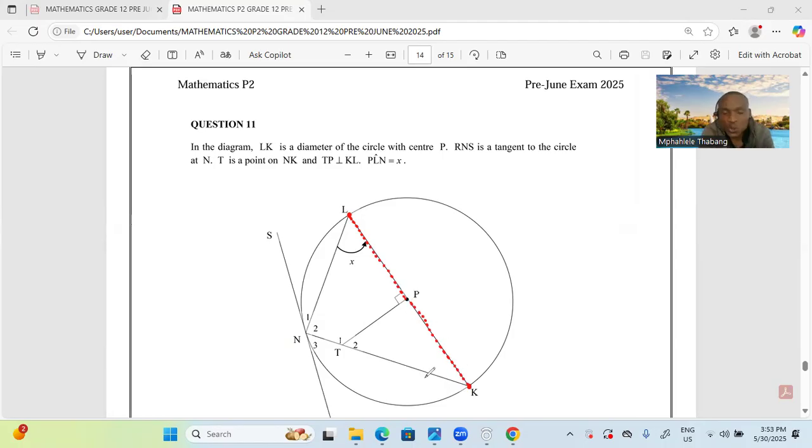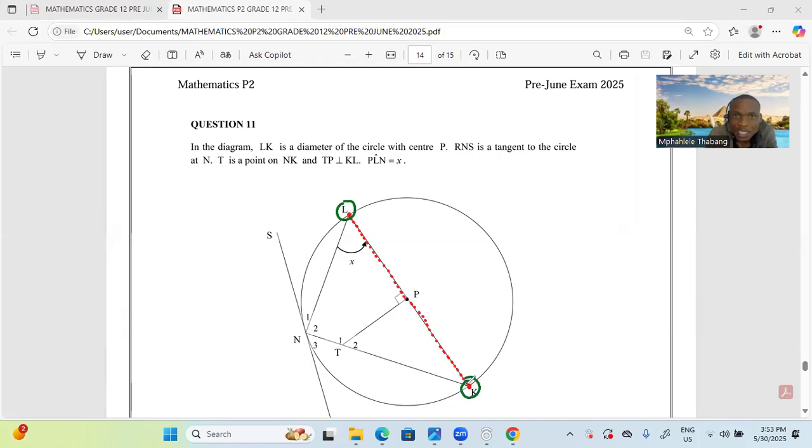So I'm going to look for the angle which is subtended by the diameter. I know that the angle subtended by the diameter is 90 degrees. So whenever they give you the diameter, you look for the angle subtended by the diameter. So I have LK, which is my diameter.